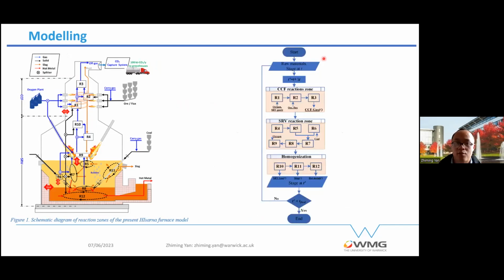So here is the flow chart for the whole calculation. We start and read the materials and do the calculation. We do the reactions one by one from the CCF to the SRV, then the homogenization, and then we save the result. When the time has not reached our target time, we do this loop again and again until we finish our calculation.